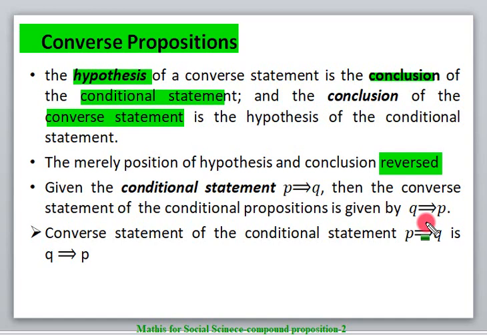So in a converse proposition, we simply exchange the conclusion and the hypothesis. The hypothesis of the conditional statement becomes the conclusion of the converse statement, and the conclusion of the conditional statement becomes the hypothesis. So the converse of the conditional statement P implies Q is Q implies P.